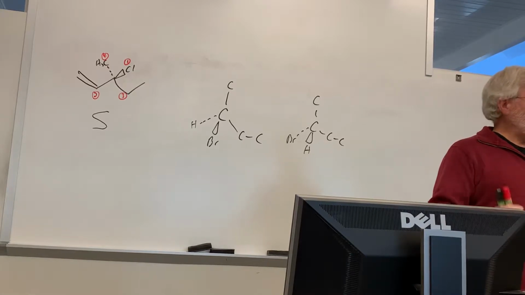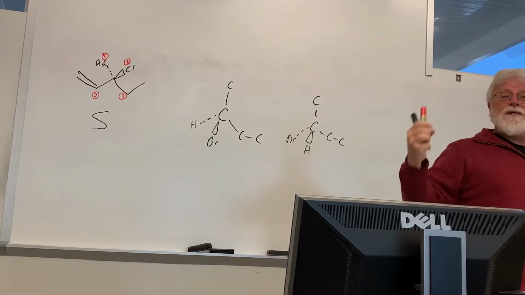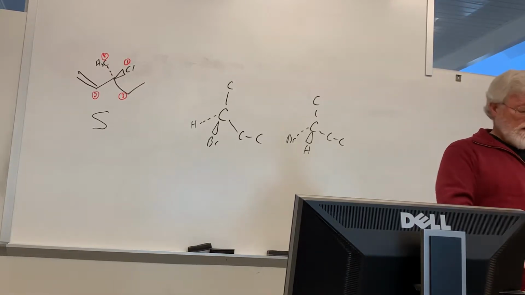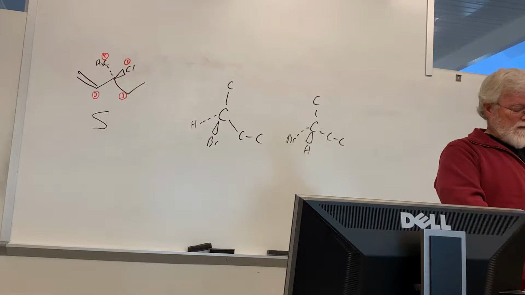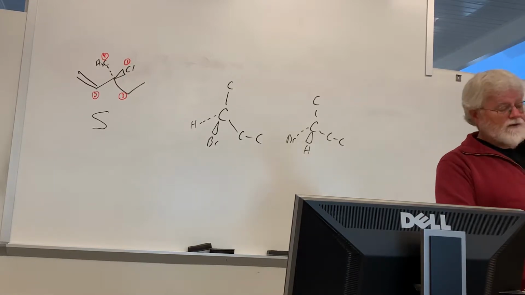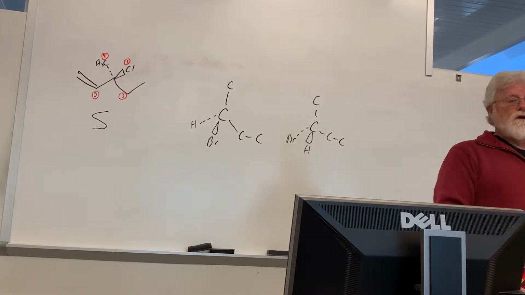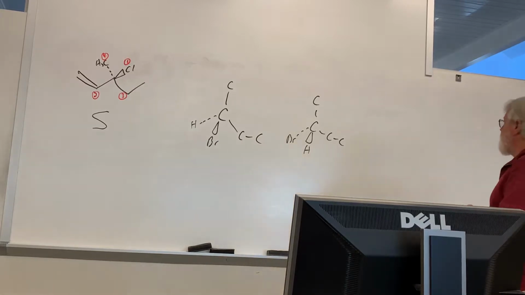A meso compound is when you have 2 stereogenic carbons that have the same things bonded to them. Well, here we have 2 stereogenic carbons, but the one on the left has a hydrogen, a chlorine, and the rest of it. The one on the right has a hydrogen, a bromine, and the rest of it. So there's no way there's going to be any sort of internal plane of symmetry in this guy. It just can't be. So no meso compound.